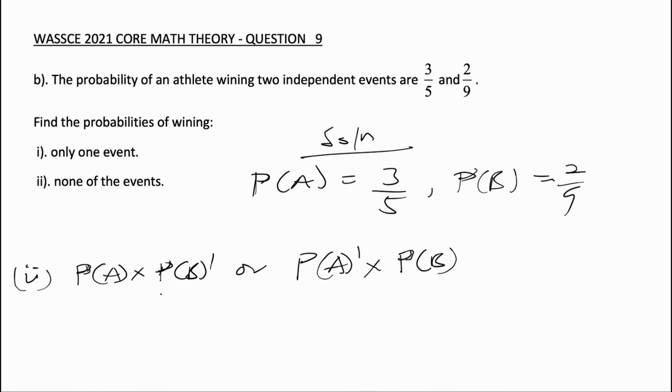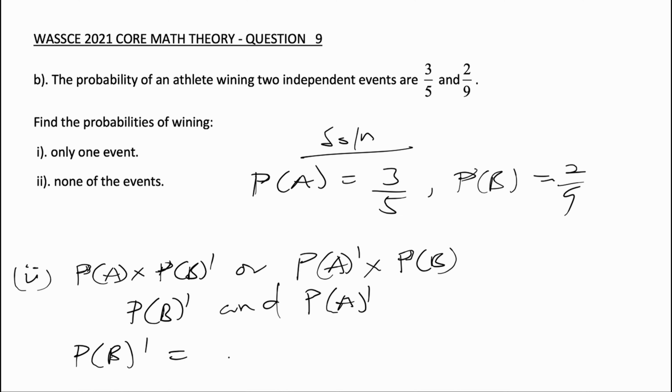So now we have two new probabilities. We have P(B) complement and P(A) complement. Now P(B) complement is the probability of not winning the second event, and P(A) complement is the probability of not winning the first event. P(B) complement is equal to 1 minus P(B), and 1 minus 2/9 gives us 7/9.